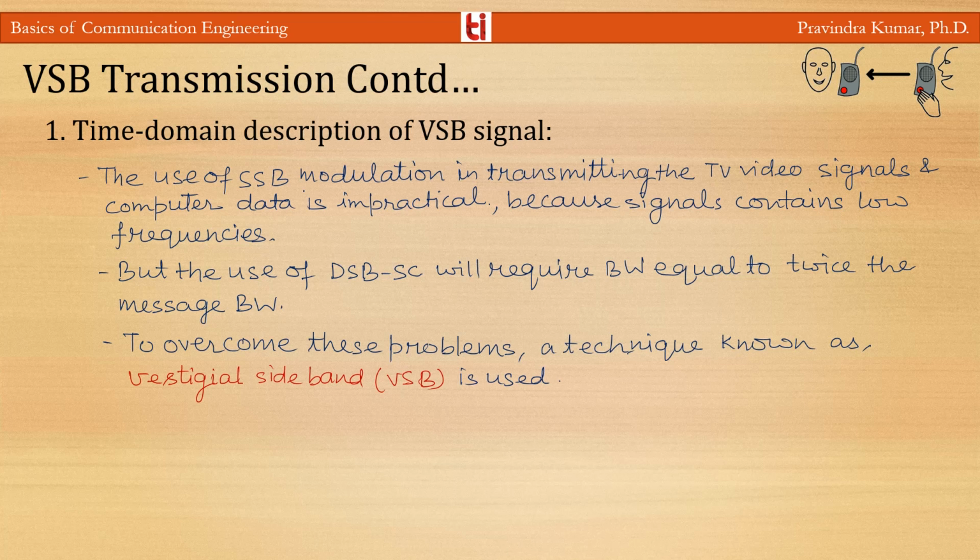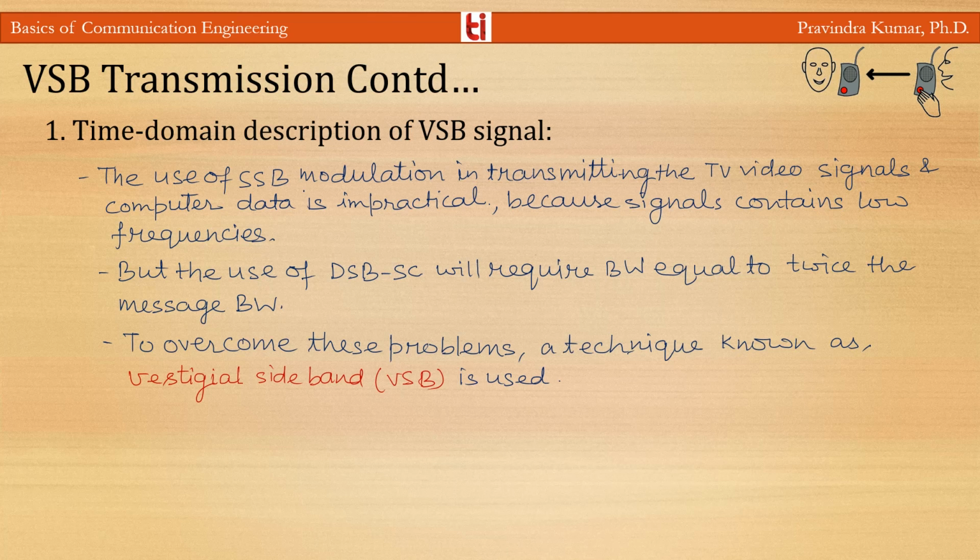To overcome these problems, a technique is chosen which is a compromise between DSB-SC and SSB-SC, and this technique is known as vestigial sideband suppressed carrier VSB-SC technique. The word vestige means a part, from which the name is derived.